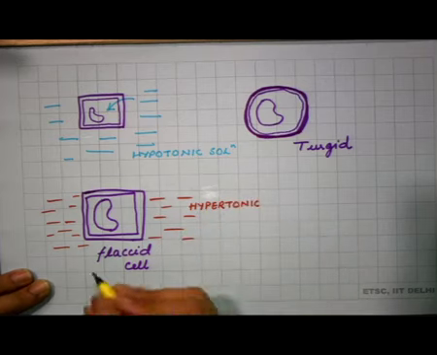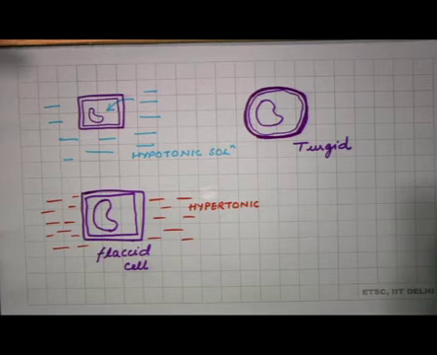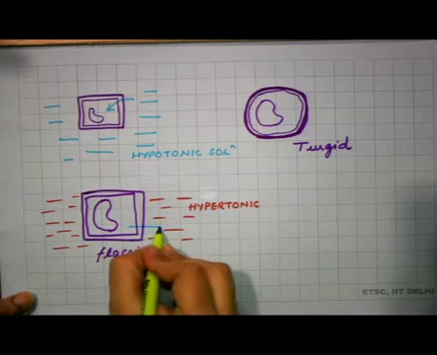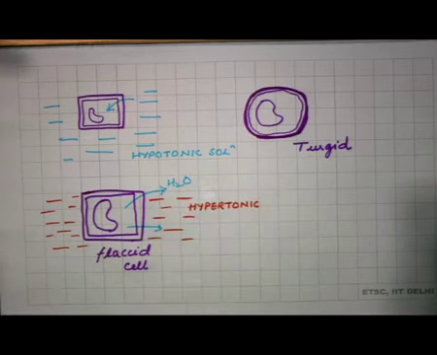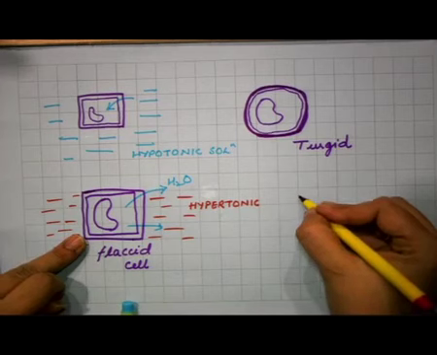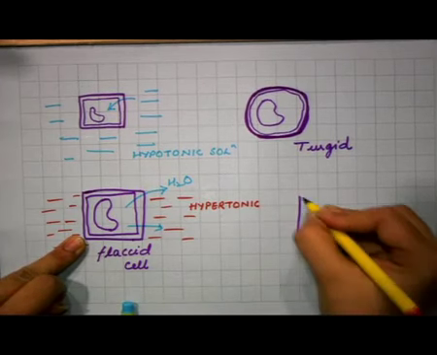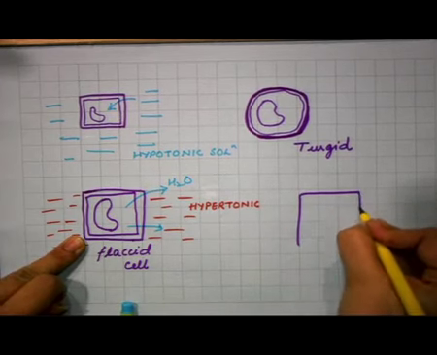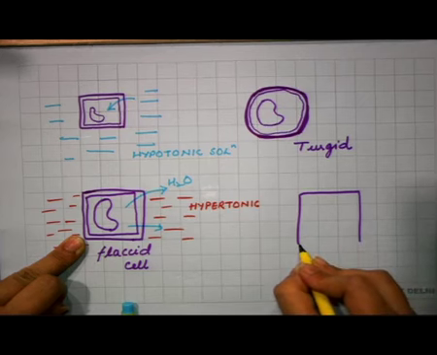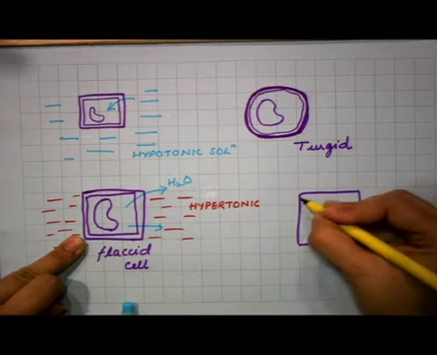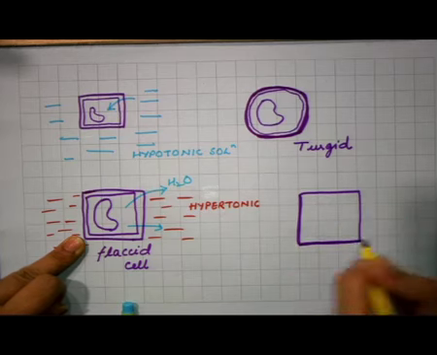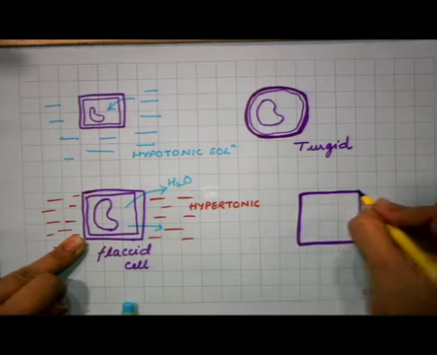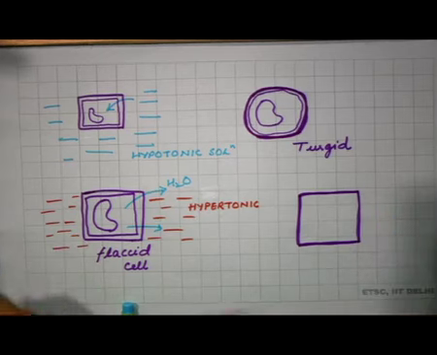What will happen? The water will start moving out. After a while, the cell will look something like this. There will be no change in the size of the cell because the cell wall stays where it was, but inside there will be a lot of change.